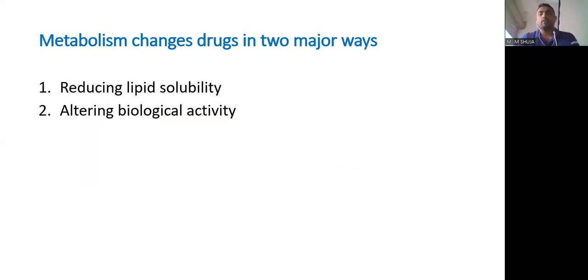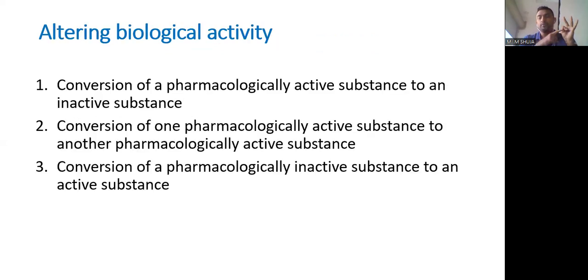So how does the metabolism of drugs change the biological activity? One, it reduces lipid solubility. Two, it alters its biological activity. What are the ways it alters biological activity?